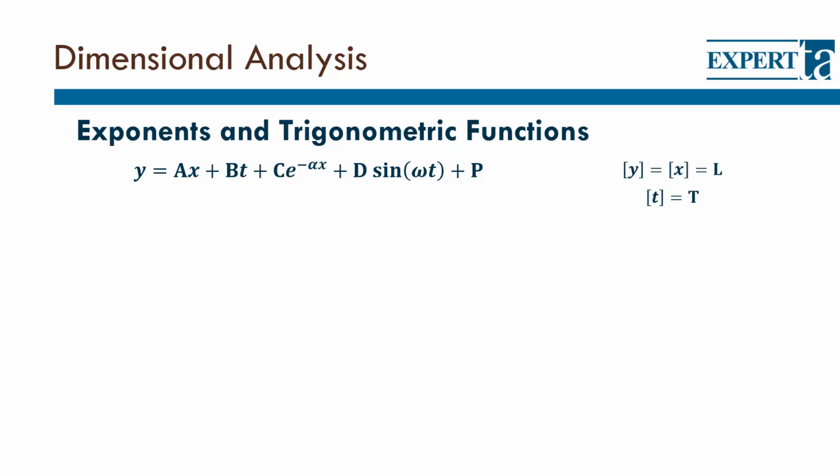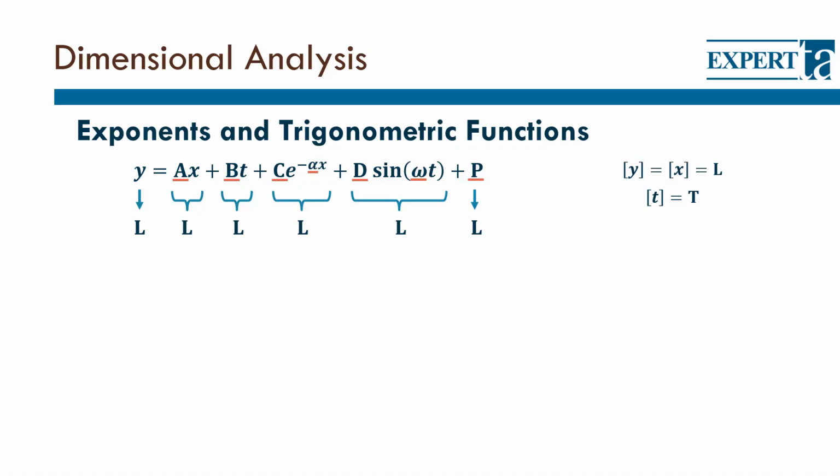Now we have to find the dimension of a, b, c, alpha, d, omega, and p. Since the dimension of y is given to be L, the dimension of p also has to be L, because each and every term in this equation has dimension L. So ax has dimension L, bt has dimension L, this one has dimension L, this whole thing has dimension L.